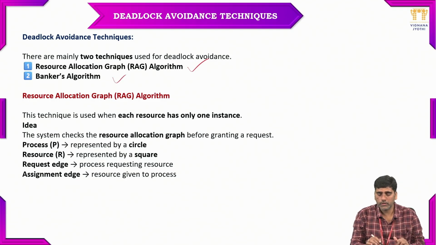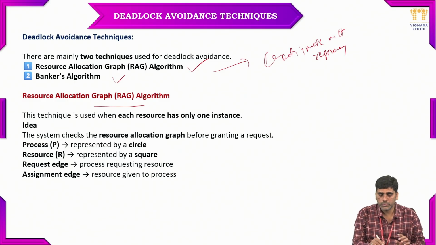The resource allocation graph is nothing but representing the processes and resources; as we've already seen, deadlock is represented in the resource allocation graph itself, where all the processes and resources are in a cycle. And in the Banker's algorithm, we create matrices: the allocation matrix, the maximum need matrix, and the available matrix. From these, we have to calculate. So that is the Banker's algorithm. Now let us see the resource allocation graph algorithm.